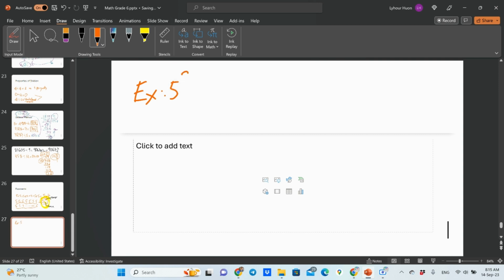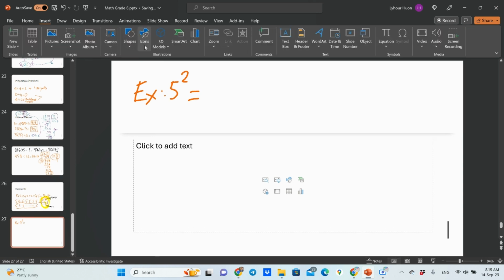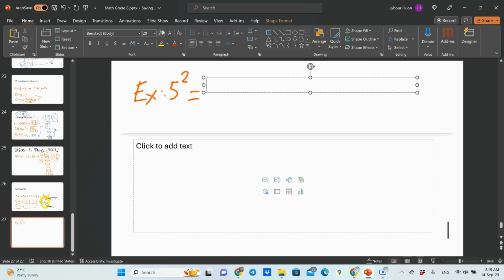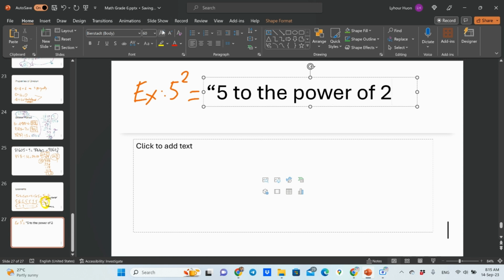For example, 5 to the power of 2 can be called 5 to the power of 2, or, specifically because it's a small power, we call it 5 square.